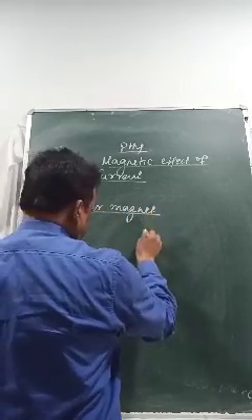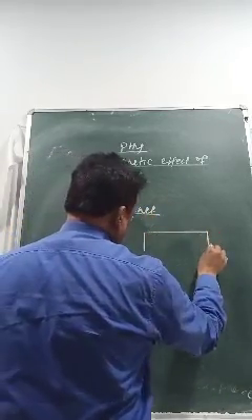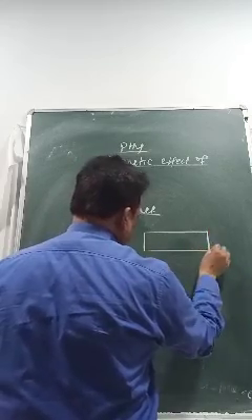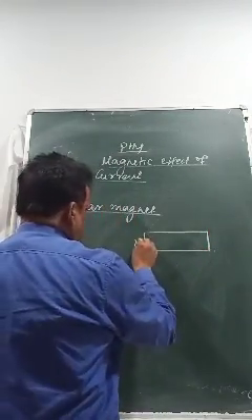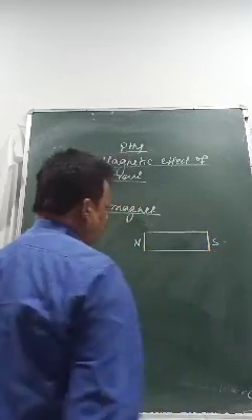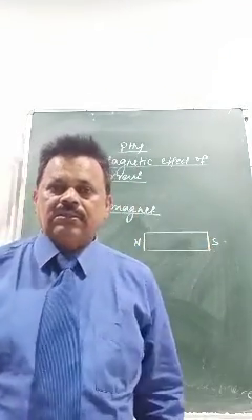A bar magnet is a rectangular solid piece which has two poles, north and south poles.